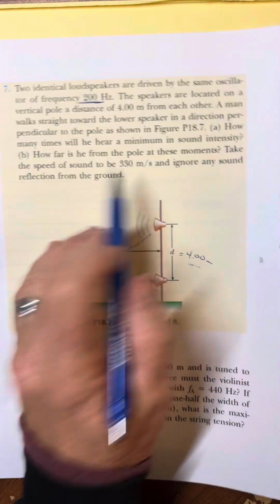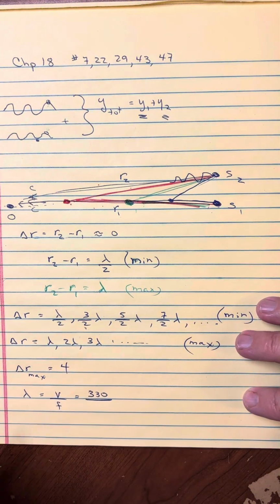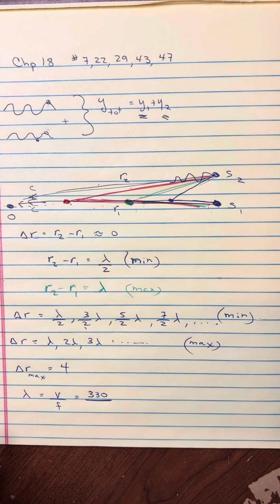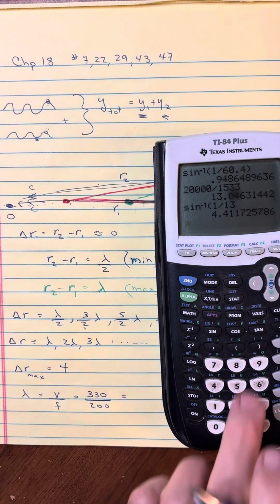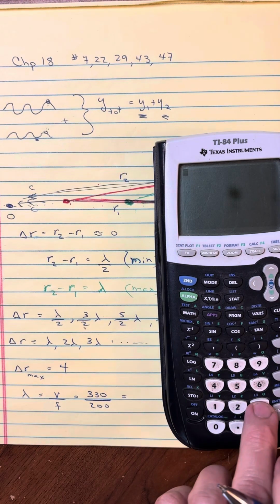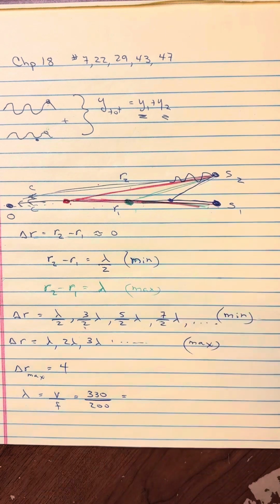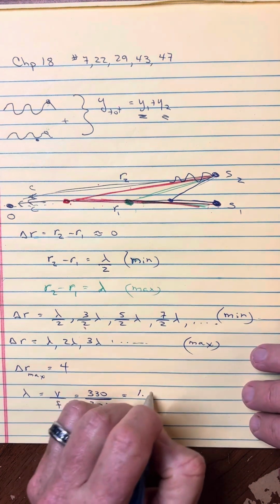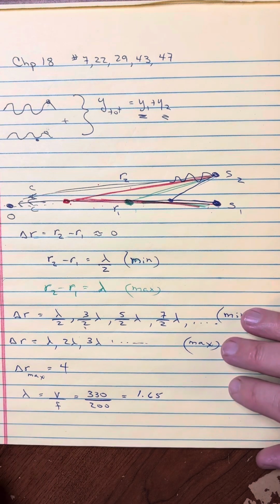It's kind of on the low side, but I'll take it. 330, or maybe it's really cold where they are. And divide it by a frequency of 200. And so 330 divided by 200 is 1.65.